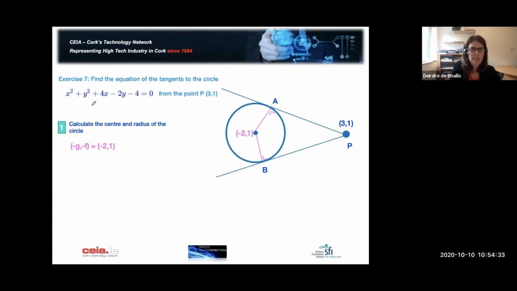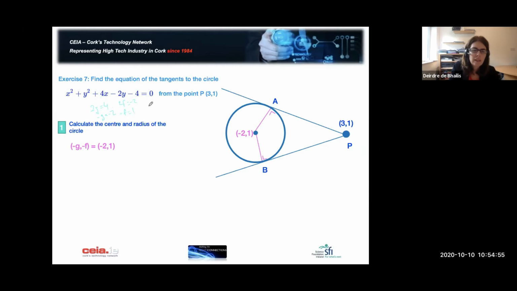So what we have here is 2g is equal to 4. Therefore, minus g would be equal to minus 2. We have 2f is equal to minus 2, and therefore minus f is equal to 1.